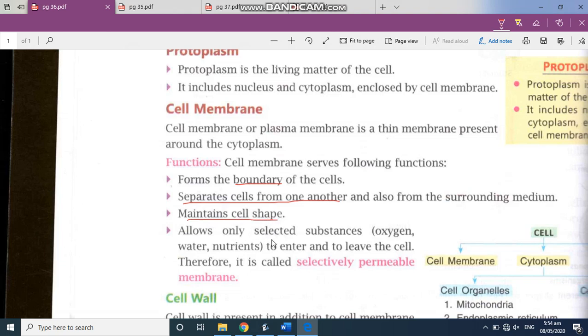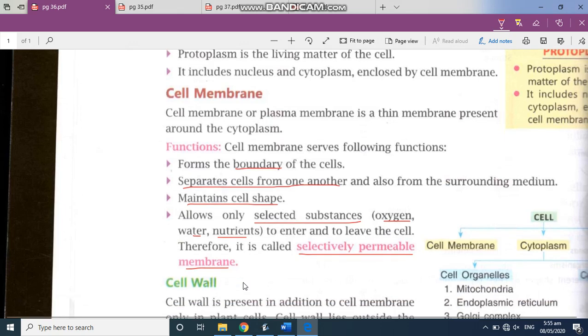Fourth, it allows selected substances, like oxygen, water and nutrients, to enter. Because it allows only selective substances, that is why we call it a selectively permeable membrane. That means permeable means which allows the entry of certain substances. So it allows oxygen, water and certain nutrients.